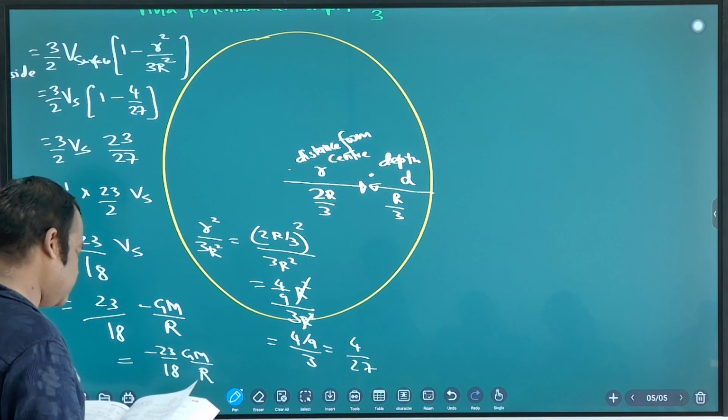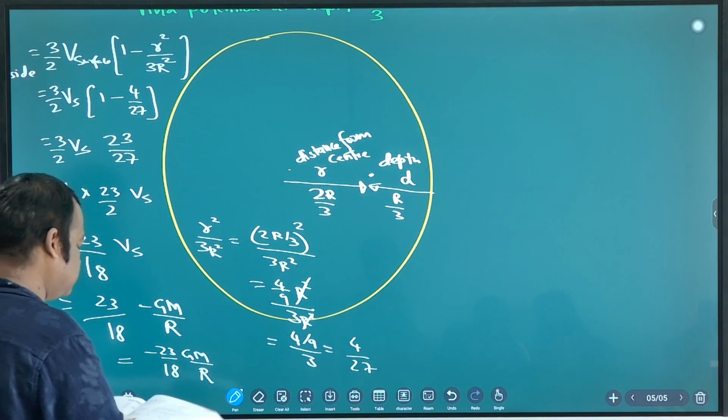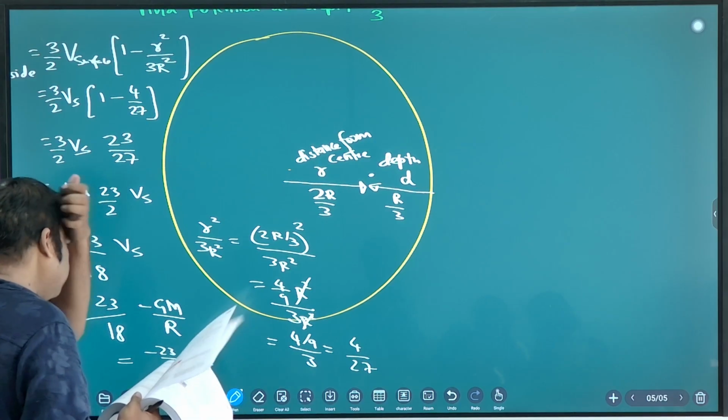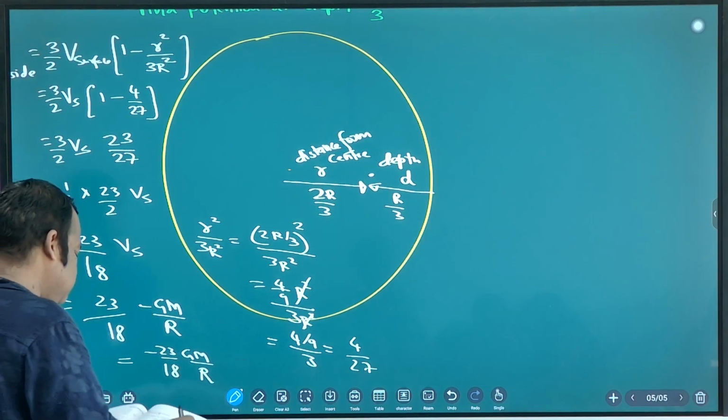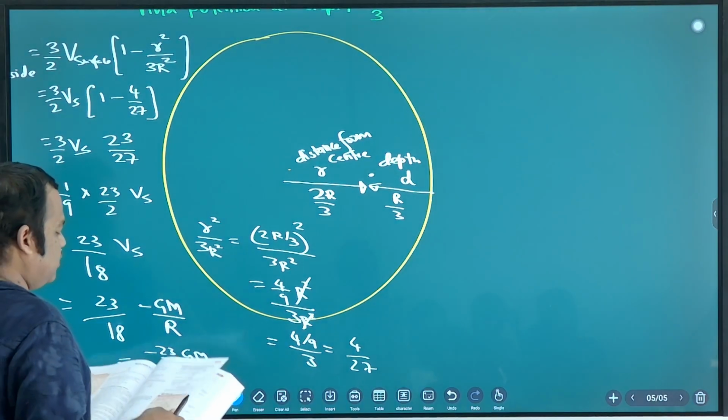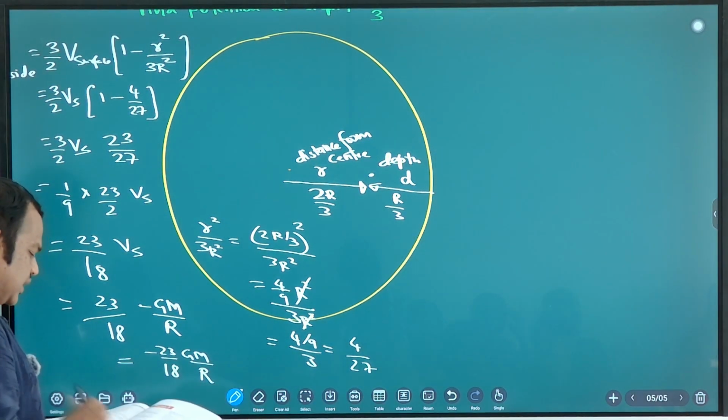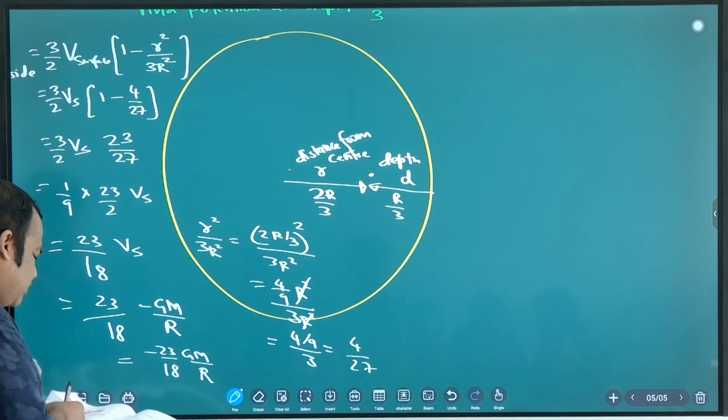Okay, there is no direct question. One PYQ is there.